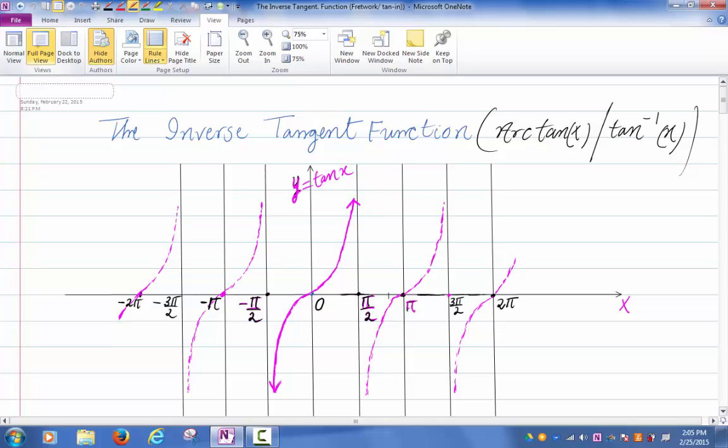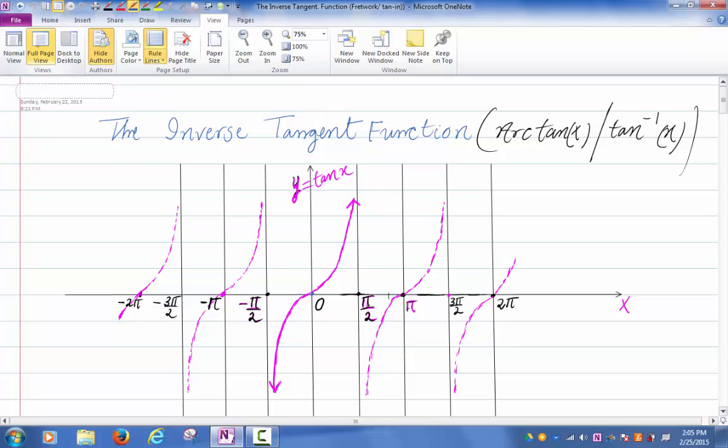So obviously, the tangent function being a periodic function, it cannot be 1-to-1. So just like in the case of sine function and the cosine function, what did we do? We restricted the domain of tangent in such a way that we don't lose any of the range values, right? What's the range of the tangent function?